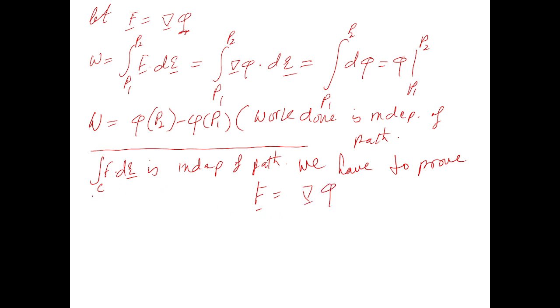Now look at this statement that the work done is independent of the path. So we can choose any path in the field between 2 points. The work done is the same. Moving from point P1 to P2 in the given field, the work will be the same.